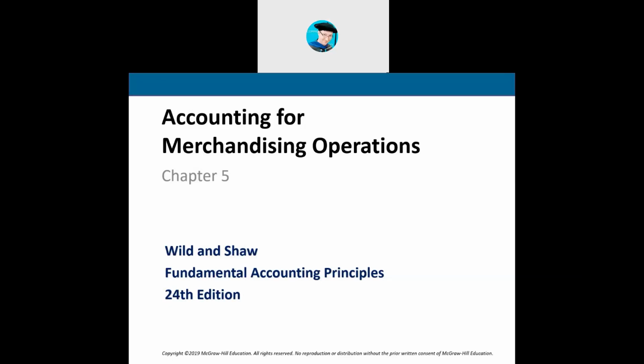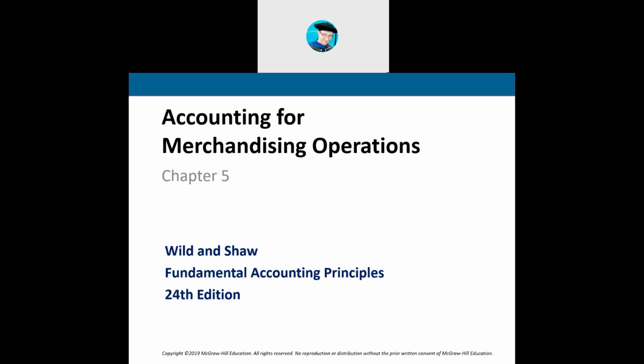And so today, for both chapters 5 and 6, we're going to be talking about accounting for actual merchandise. When you hear merchandise, think of product that you would normally buy from somewhere, okay? And that's what we're going to be talking about today with accounting for merchandise operations.